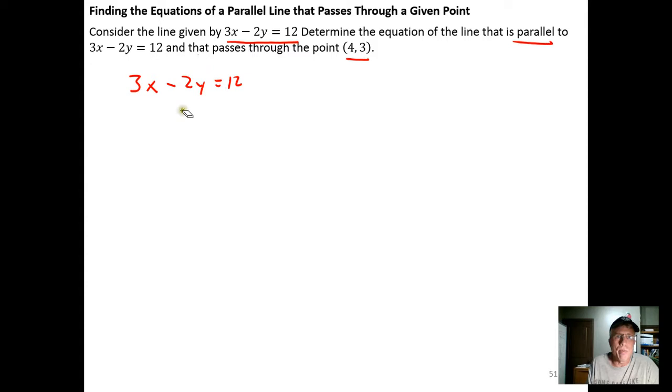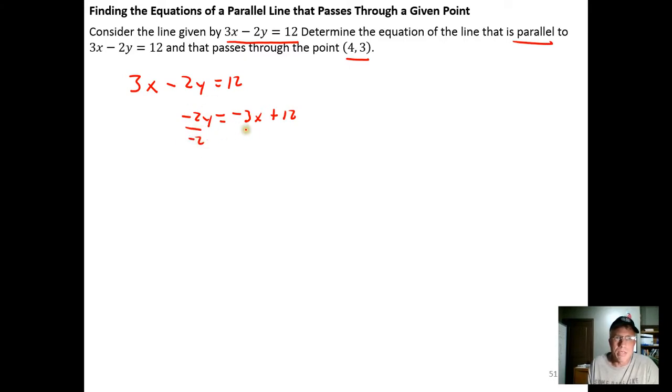So essentially what we need to do is solve this for y. So we'll start by subtracting the 3x from both sides, which will give us negative 3x plus 12 on the right hand side, and then we'll divide both sides.